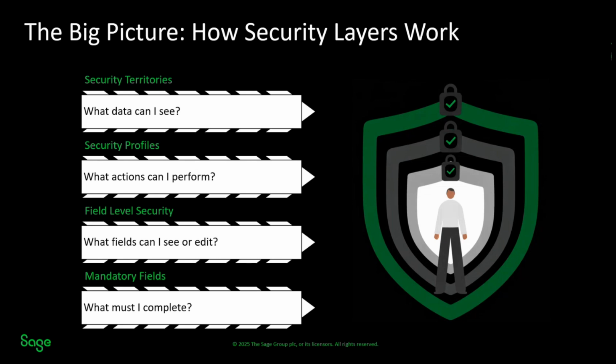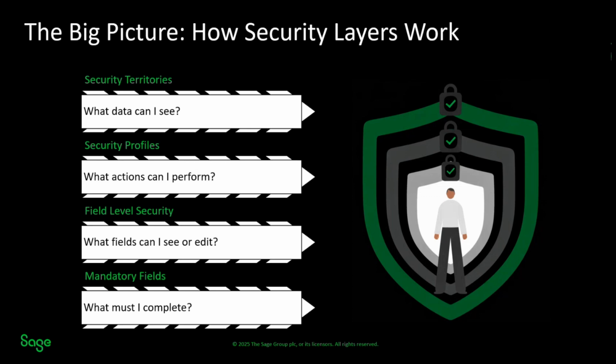So if we think about what a user can see and what a user can access and what a user can edit, first of all, we have this idea of security territories, which determines the rows of data that an individual can see. Based on your security territory, you will be able to see and have certain data filtered out of your access. Security profiles are to do with what you can then do with that data.